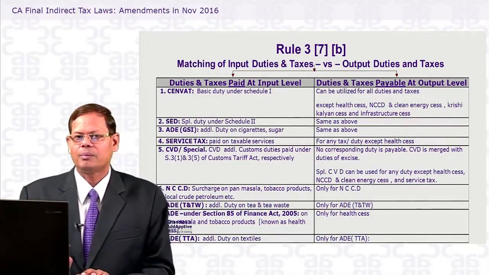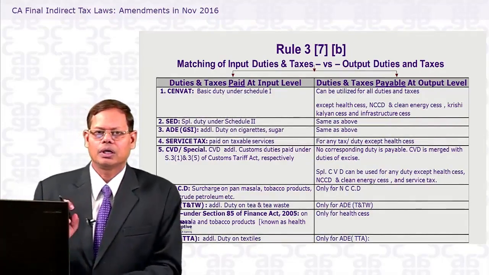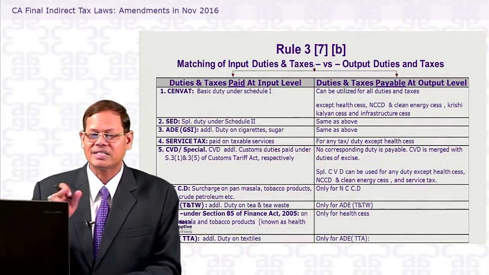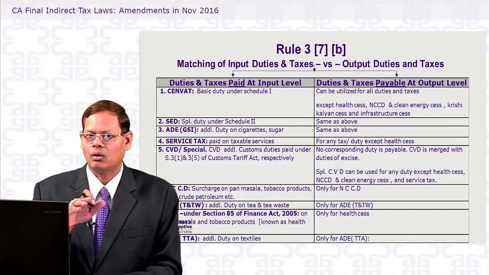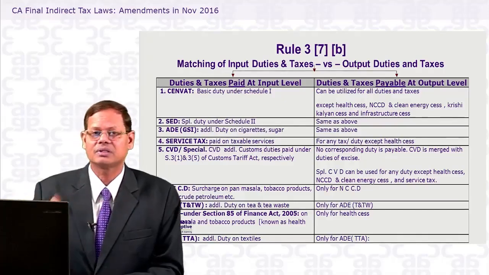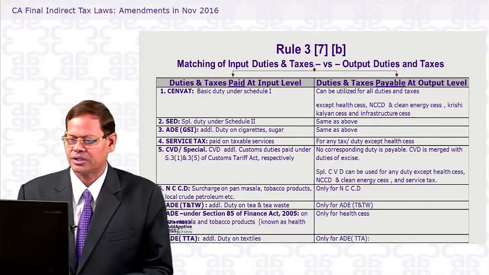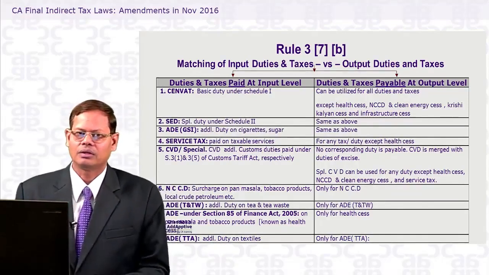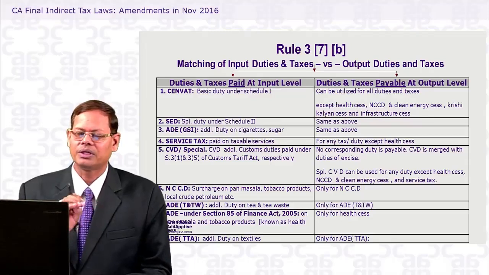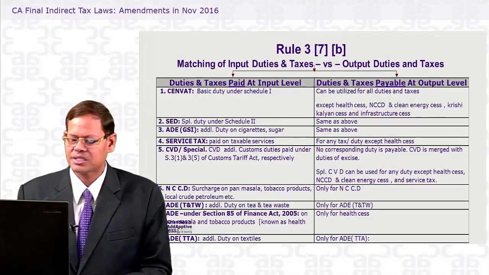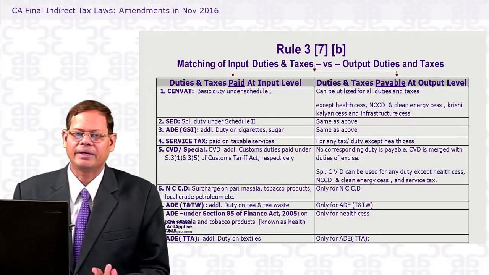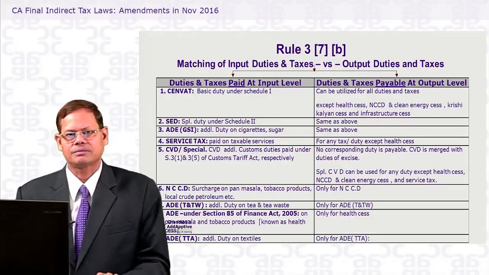Those duties could be used to pay NCCD on all products except mobiles. Now it has been restricted, nothing at all. No NCCD can be paid from these duties, on any product.